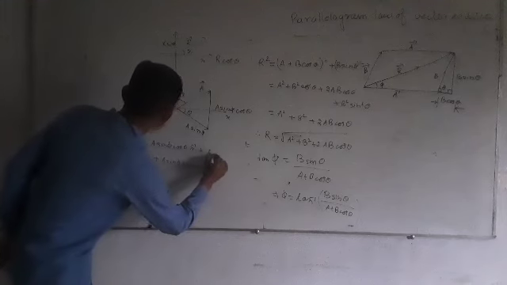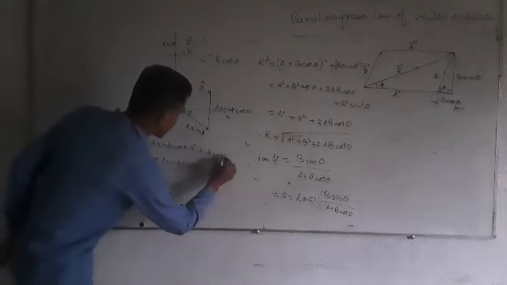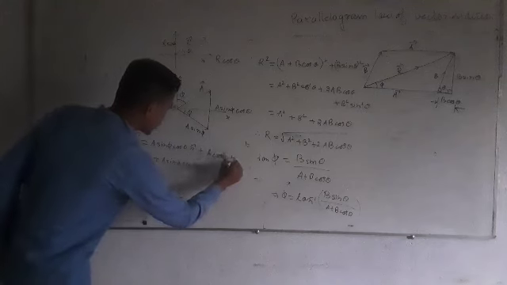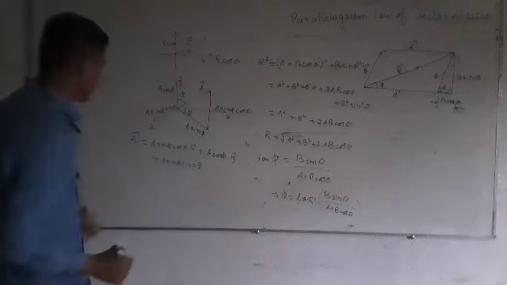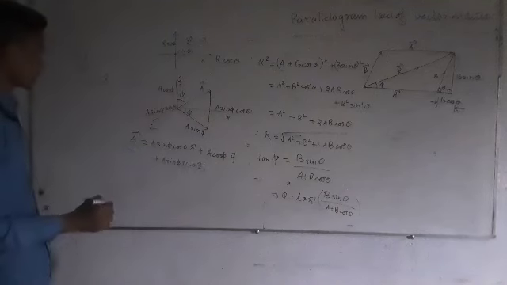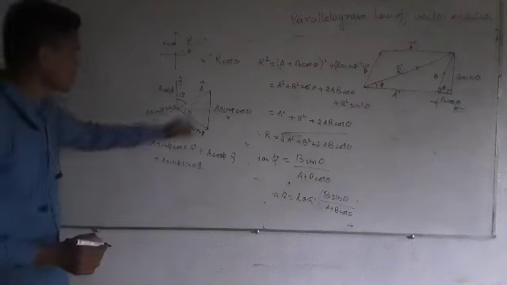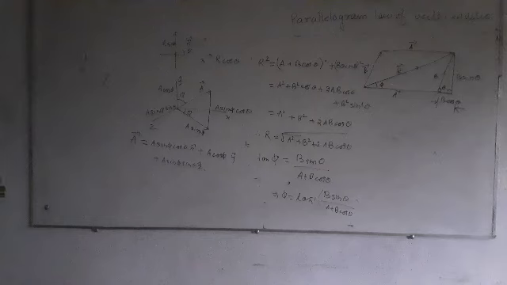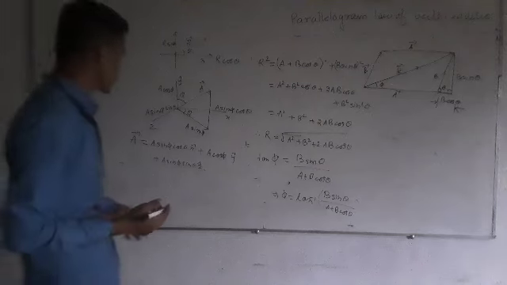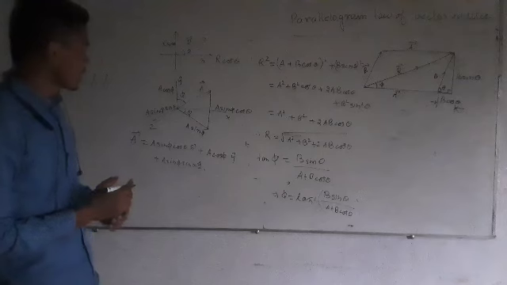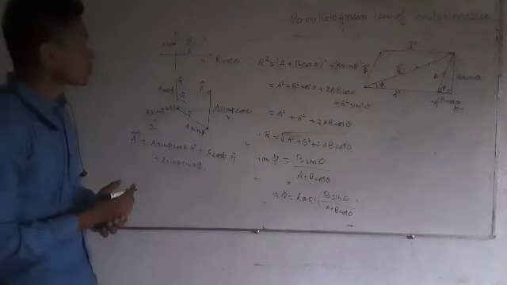Along y cap you have only A cos phi, and along z cap it's like this. Okay, this is how we get the components of the A vector on three different axes in space.